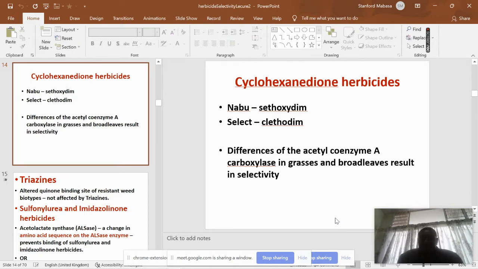Again, because of the differences in the acetyl coenzyme A carboxylase, in grasses the enzyme will bind to Nabu and Select, killing the grasses. Whereas in broadleaves, there's failure to bind to this enzyme. And as a result, broadleaves are not killed. This will cause selectivity.